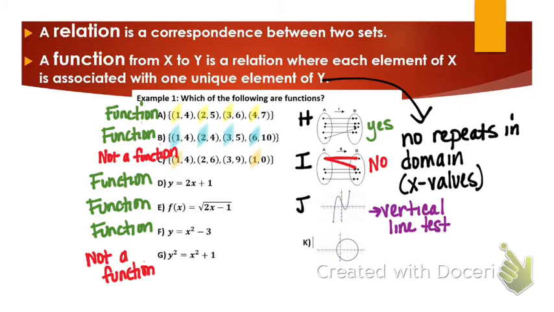So when I'm looking at this one, if I draw that vertical line right here, it doesn't matter where I draw it, it's only going to cross through the graph once. So this would be a yes. But the circle, if you draw a vertical line, that crosses through that circle twice, so that would be a no.